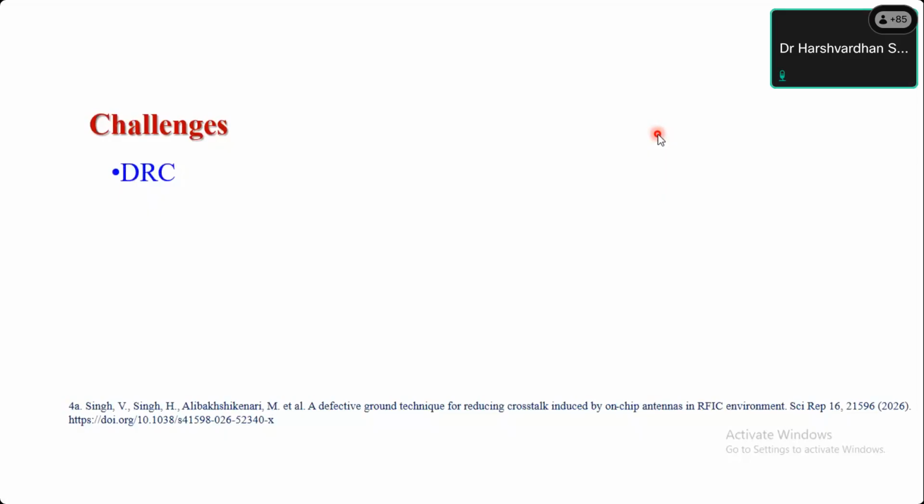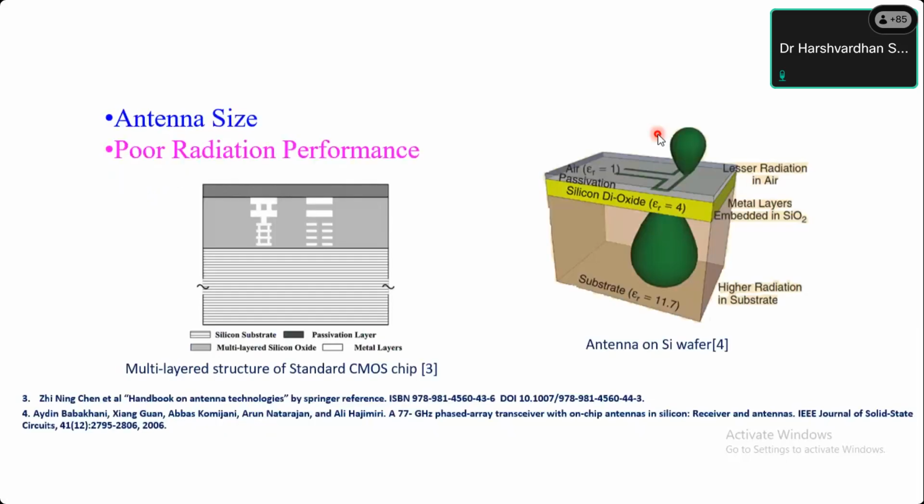If you are designing this component, these are the steps, this is the thickness of the substrate, this is the oxide thickness, this is the metal percentage, or how much percentage of the metal you can use at this layer. There are multiple layers, right? You can see these white lines here. These are the metal layers sandwiched in the silicon substrate and silicon dioxide. So only in these metals will we be able to design the antenna. Generally we design the on-chip antenna in the top metal. Other metal layers we use for the other circuit components of that IC.